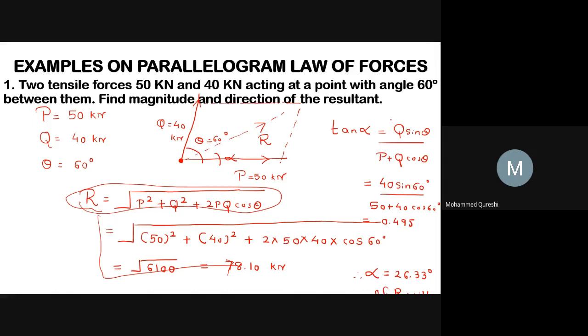And by using the second equation, tan alpha equals Q sin theta upon P plus Q cos theta, we get the value of alpha as 26.33 degree. So this is the simple method and simple steps for finding the resultant of the given forces. Now we will go for the second example.